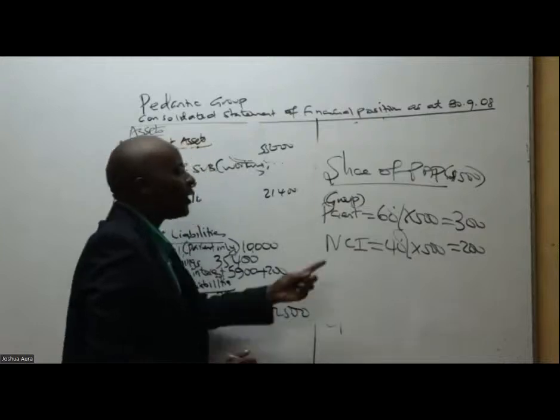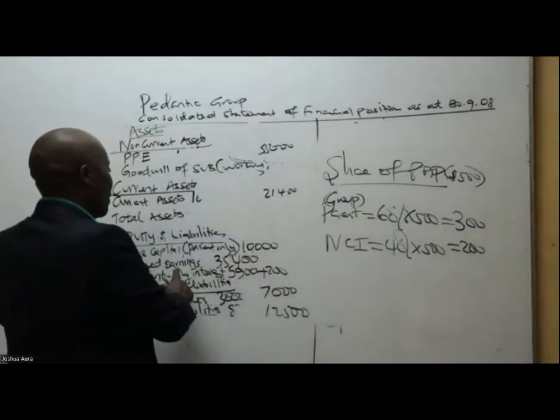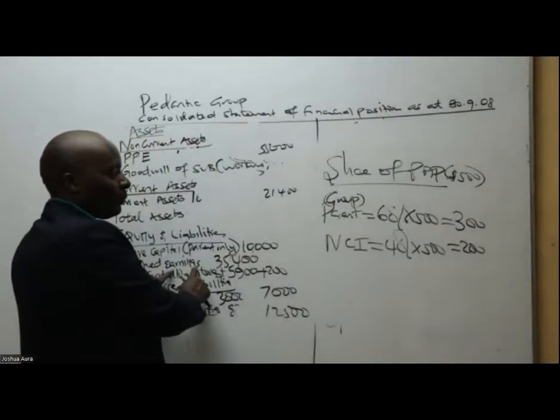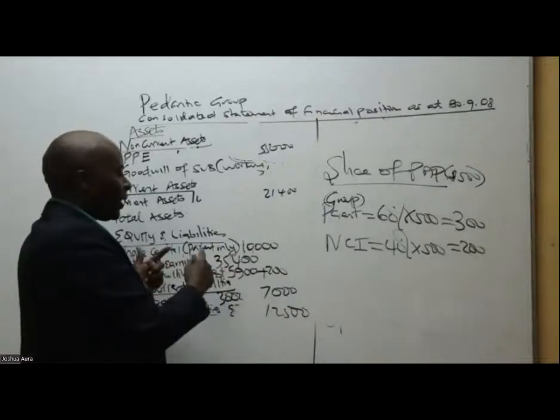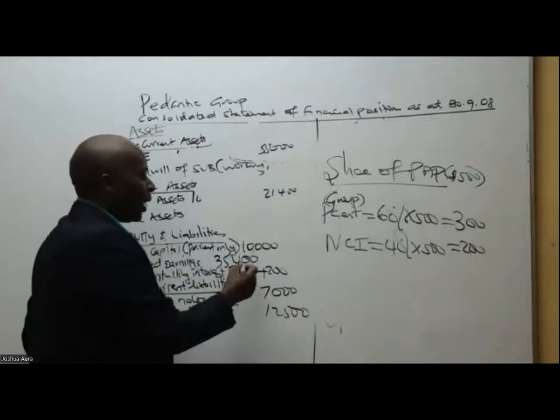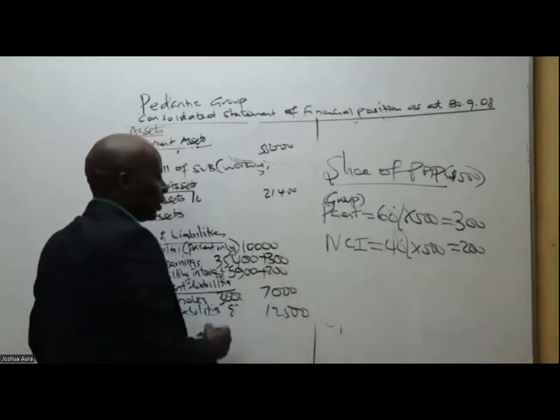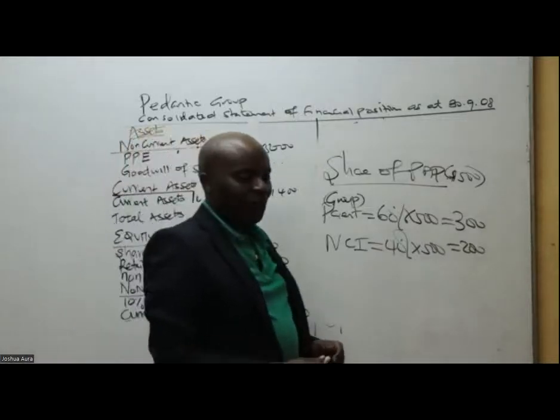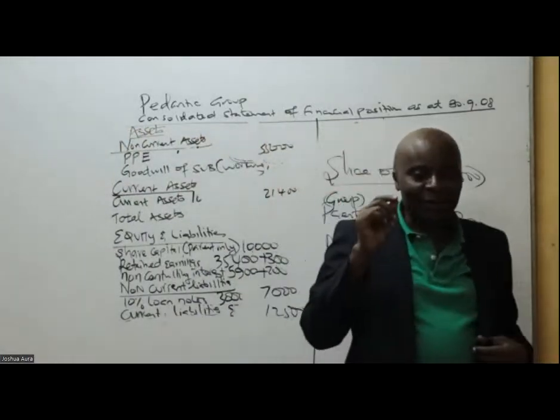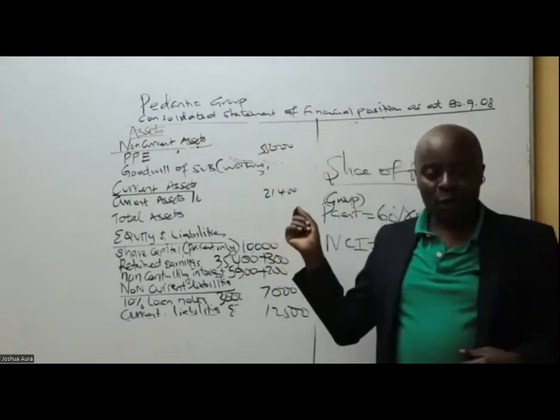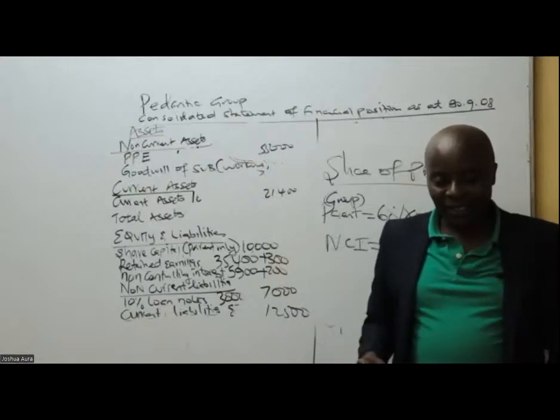Bring that 300 to retained earnings of the group, because PAP affects retained earnings of the group. So here plus 300. Please confirm to me whether you have taken those PAP shares to their respective accounts nicely.